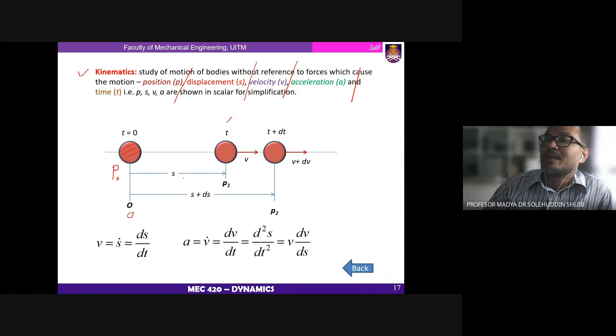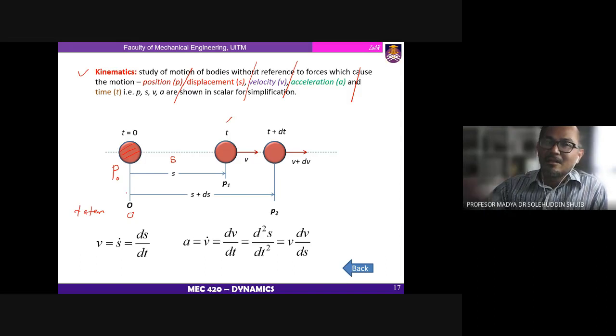From p0 to p1, we have what we call position 0 to position 1. So it has the displacement from p0 to p1, which is p1 minus p0. So we have distance s. Then we have another position, the datum. Datum is the place where we start.